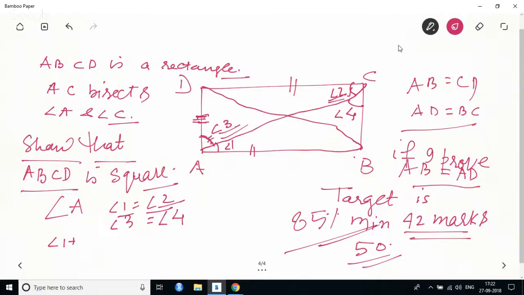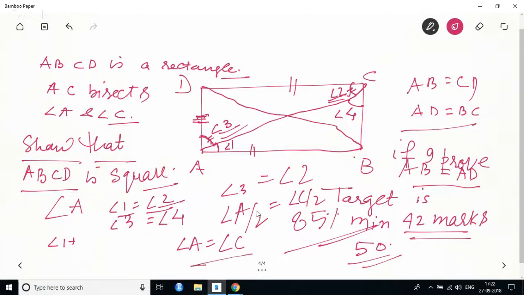If I can prove angle 3 is equal to angle 2, somehow I'll be able to prove it. See, angle 3 is equal to angle 2. Why? Because angle 3 is equal to A by 2, angle 2 is equal to C by 2, and angle A has been given equal to angle C. So angle 3 is equal to angle 2.